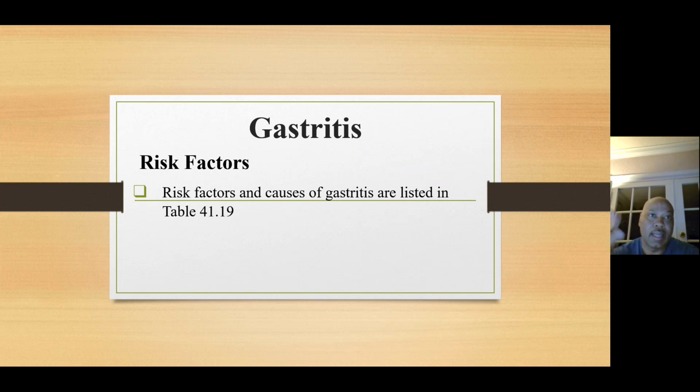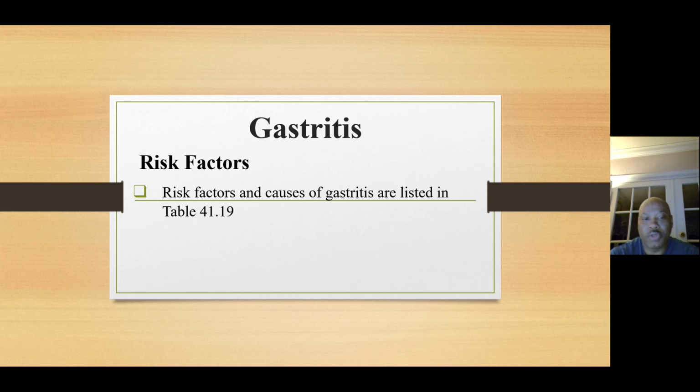And of course, the bile can go back, or rather reflux, into the stomach where it doesn't belong. And of course, the bile salts can be very caustic when they make contact with the gastric mucosa, and so that can irritate the gastric mucosa. Prolonged vomiting may cause reflux of bile salts as well.